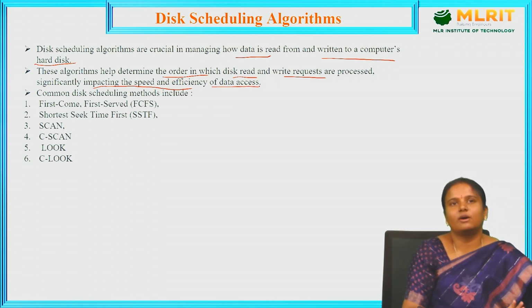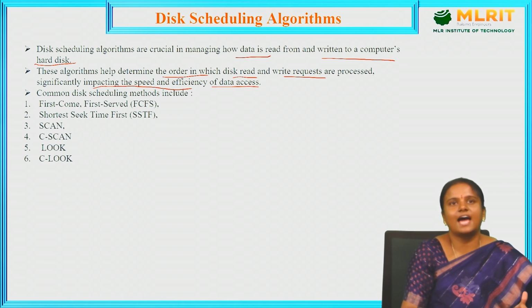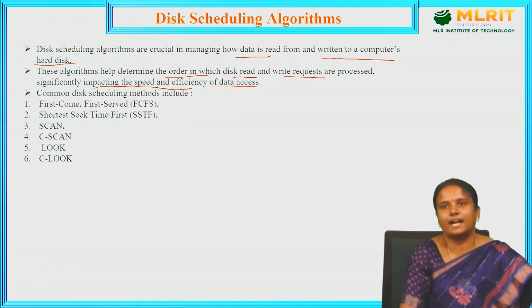Whichever algorithm you apply determines the order in which read and write requests are processed, and that significantly impacts the speed and efficiency of data access. So there are different types of disk scheduling algorithms. What are they? Let us see.